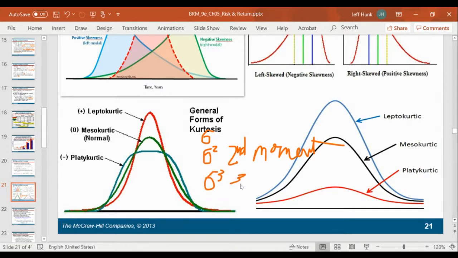Standard deviation cubed, the third moment, would be skewness.